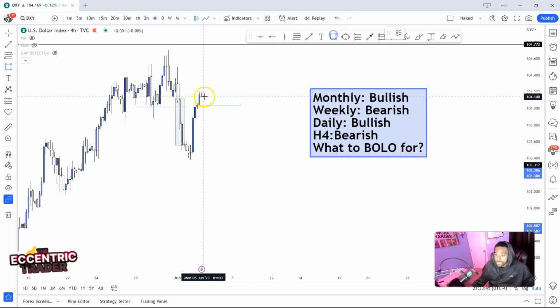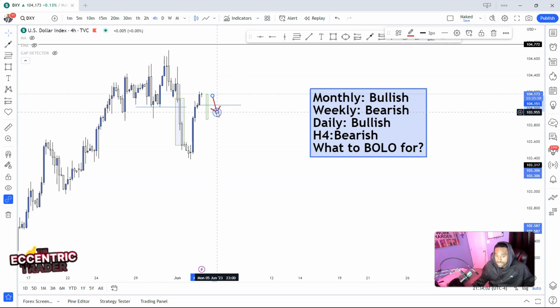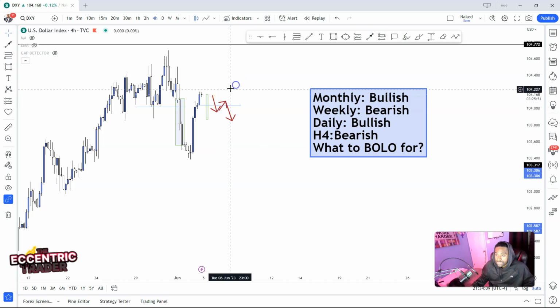You're essentially looking for, so say this was the bearish candle, right? That would be 1, 2, that would be the bearish engulfing. You're essentially looking for a break of support, right? So on the lower time frame, it would be something like this. And you'll be getting in on that lower high that it's creating.